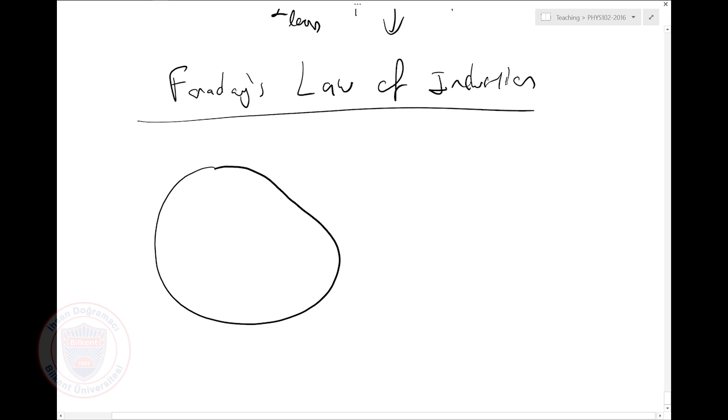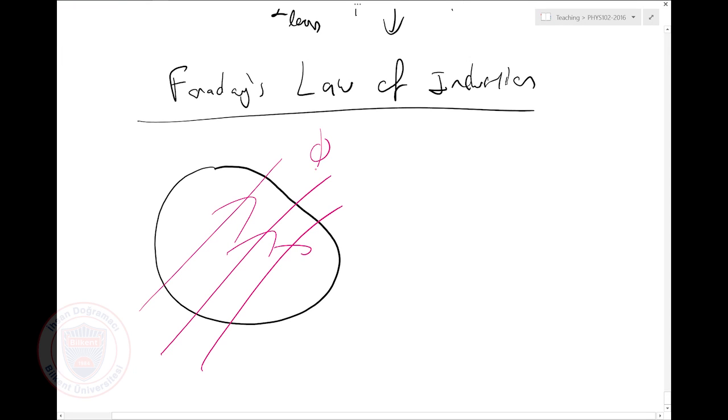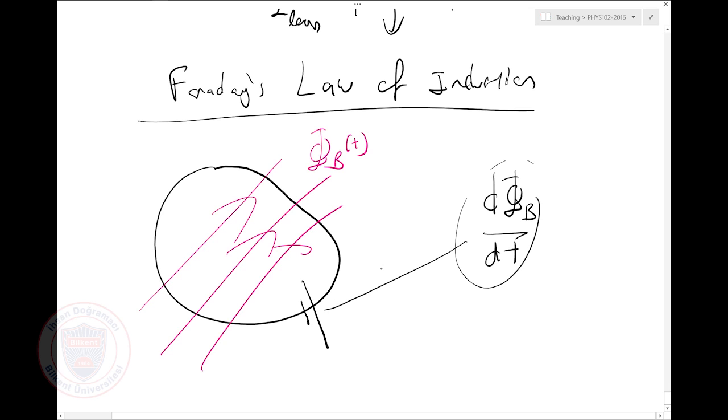If I have a loop which has magnetic flux phi b through it, but that changes in time, the change of flux d phi b dt acts as if some imaginary battery is tied to this loop. So induction acts like a battery in the loop that's driving the currents.